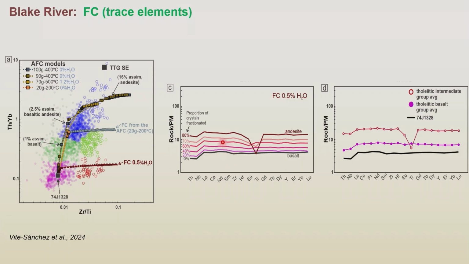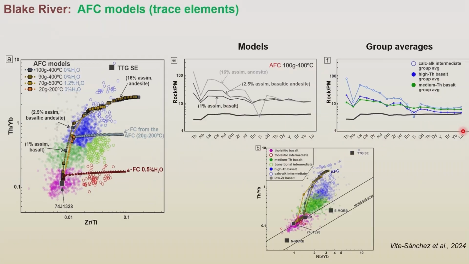We can obtain that andesitic composition at 80% fractionation. To compare, we can observe on the right the average composition of each group. We can observe how we achieve that modeling. So how does this change when you are observing an AFC model?